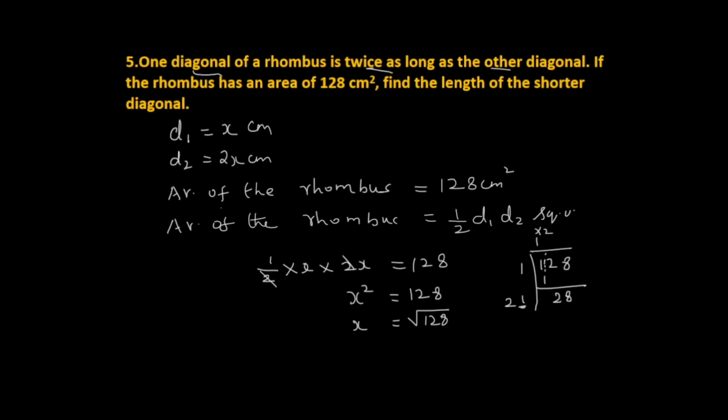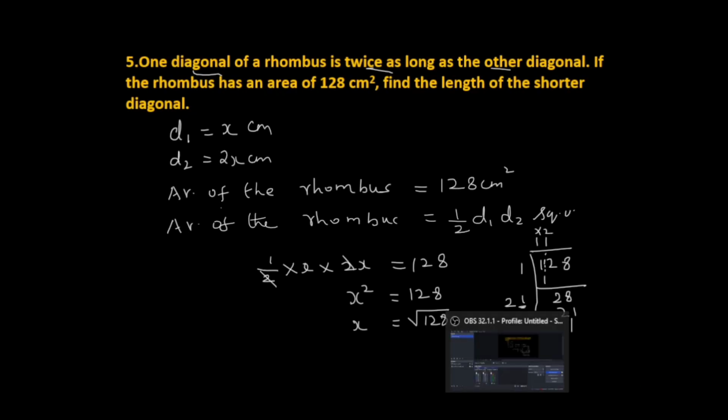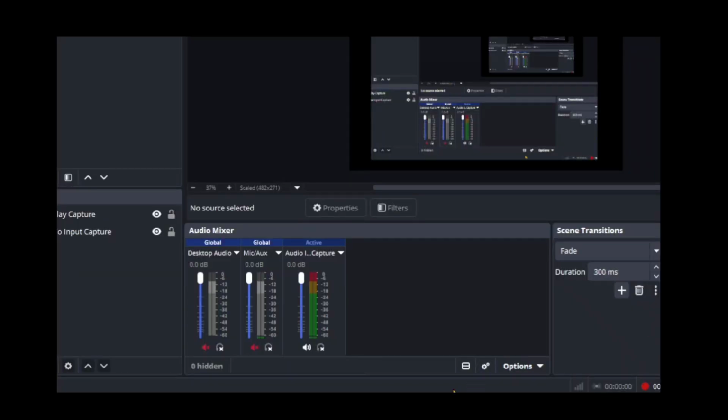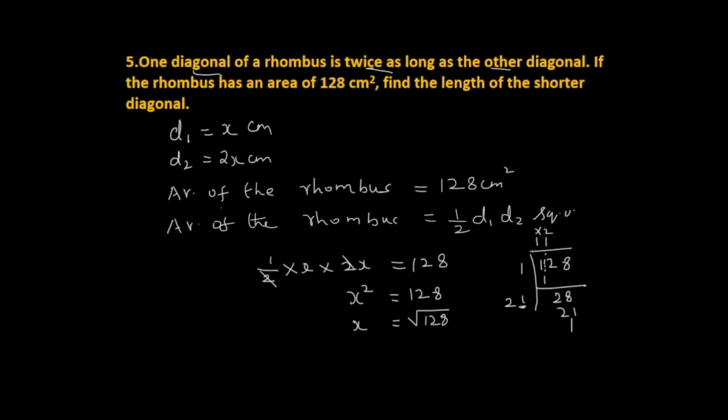So 21, 2, 1 into 1, remaining 7, then keep a dot, then 2 zeros.